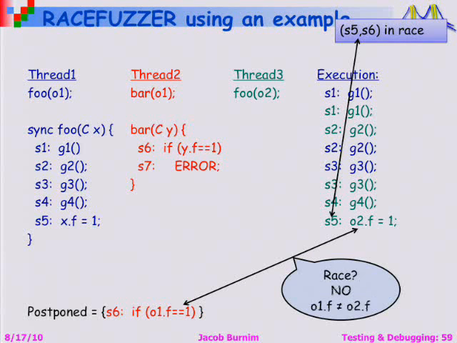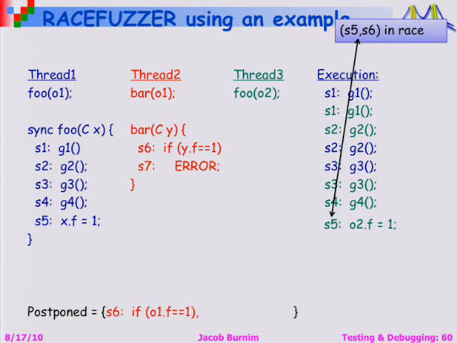But in this case, it's not a race, because one of them is a read from field f of object O1, and the other one is writing to a field of object O2. So although they're matching statements, they're on different memory locations. So we haven't found a race yet. So instead, we'll also postpone the execution of thread 3.